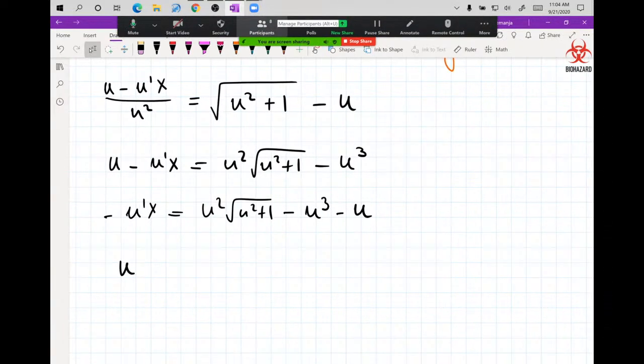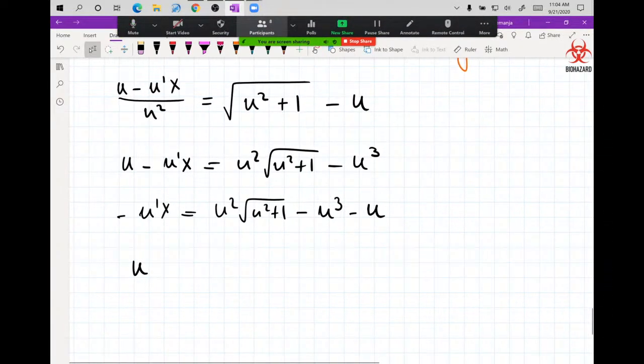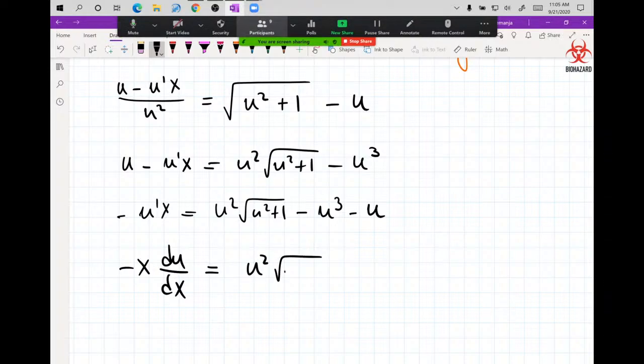Well, actually, do I have to do that? This is going to be a living nightmare to solve. So write this as negative x du dx is equal to all of this mess here.